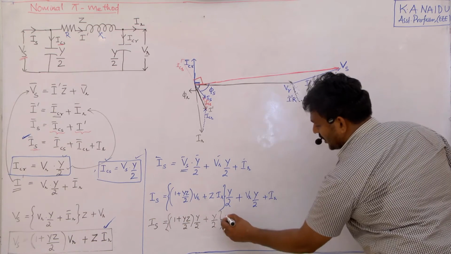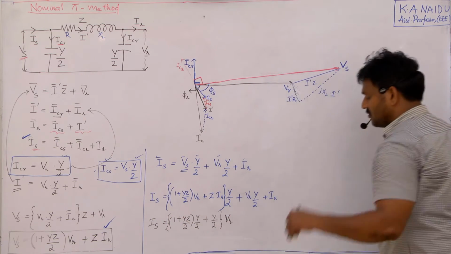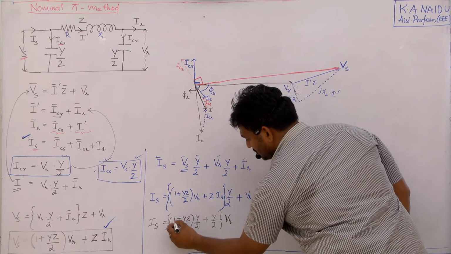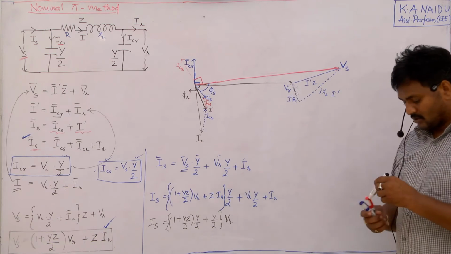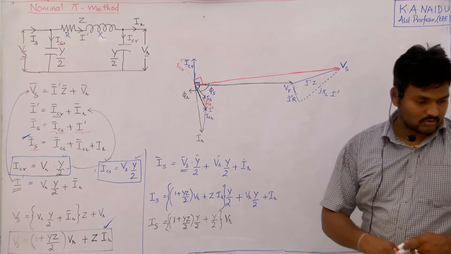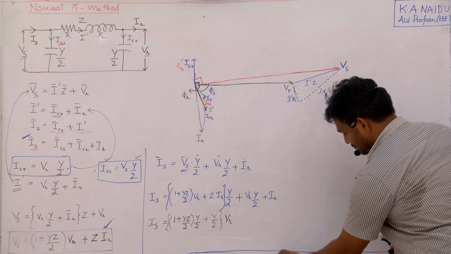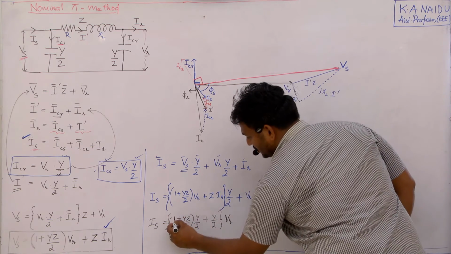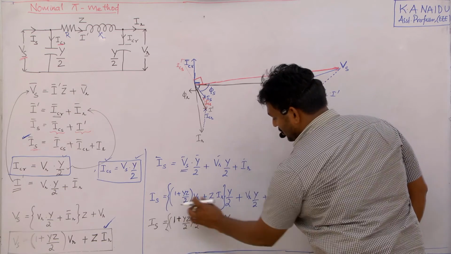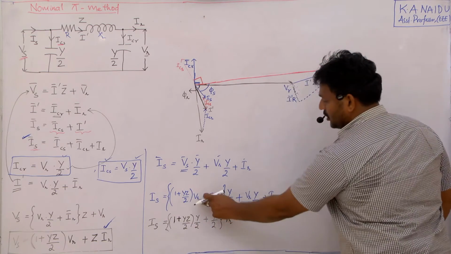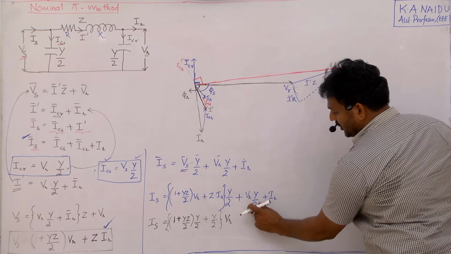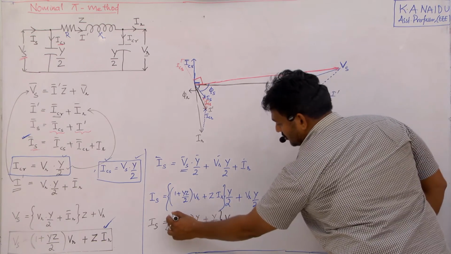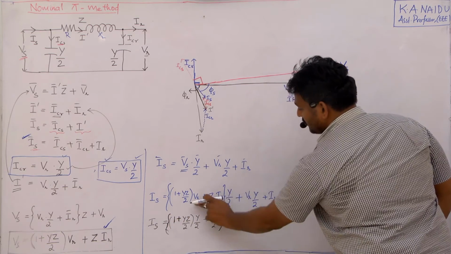That means I have taken all the Vr terms common. Okay, this is 1 plus yz by 2 into y by 2 into Vr plus y by 2 into Vr. So this is the coefficient of Vr.